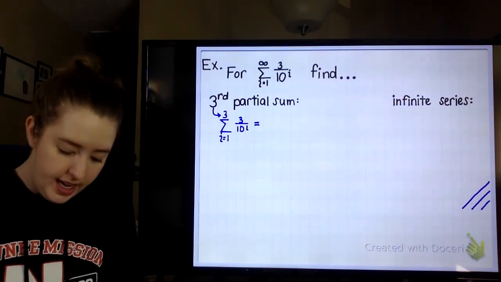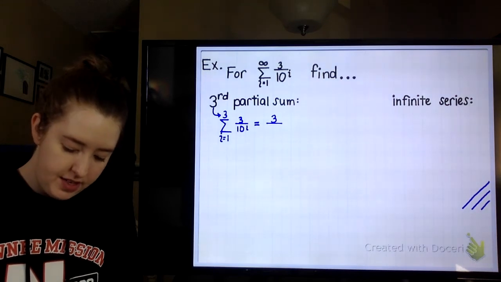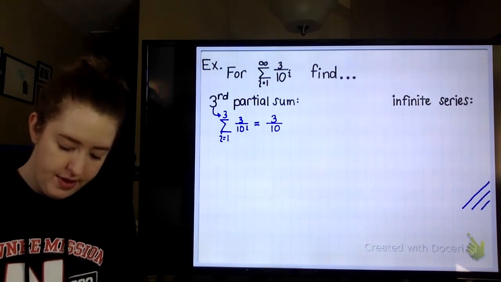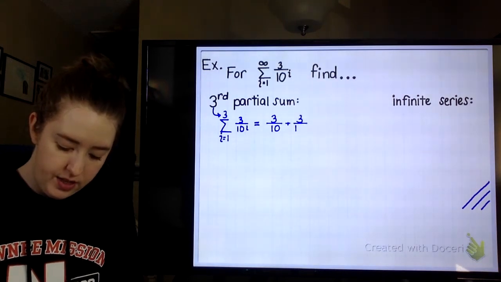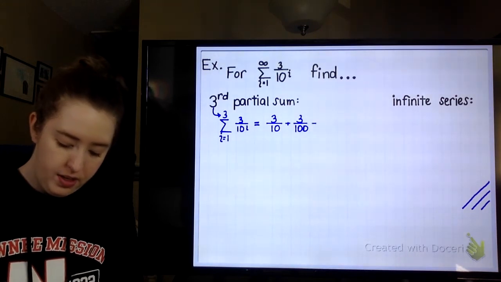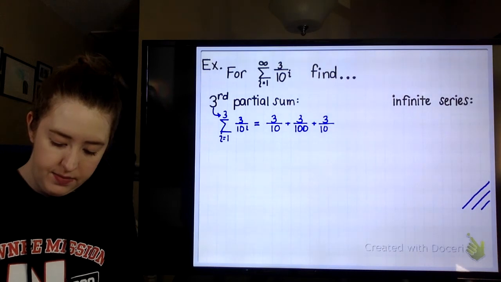So if I plug in my values there for i, 3 over 10 to the first is 10, plus 3 over 10 squared is 100, plus 3 over 10 cubed is 1,000.